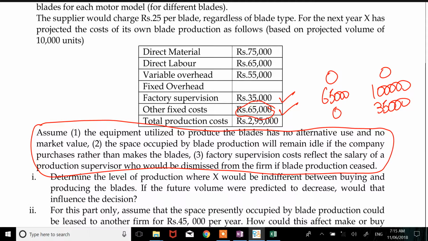What is the current level of volume which the company is needing? 10,000 blades. So at 10,000 units, will you want to buy blade or make blade? 6364 is the indifference point.